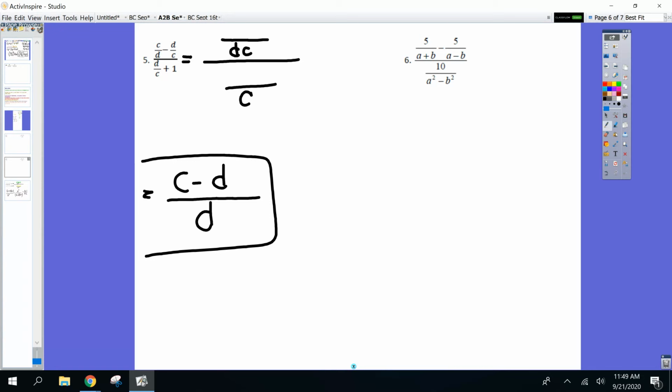Trust me, it is if you get to that point. C squared minus D squared is difference of two perfect squares. And then look for a little GCF action on the bottom. C minus D over D at the end, hopefully.